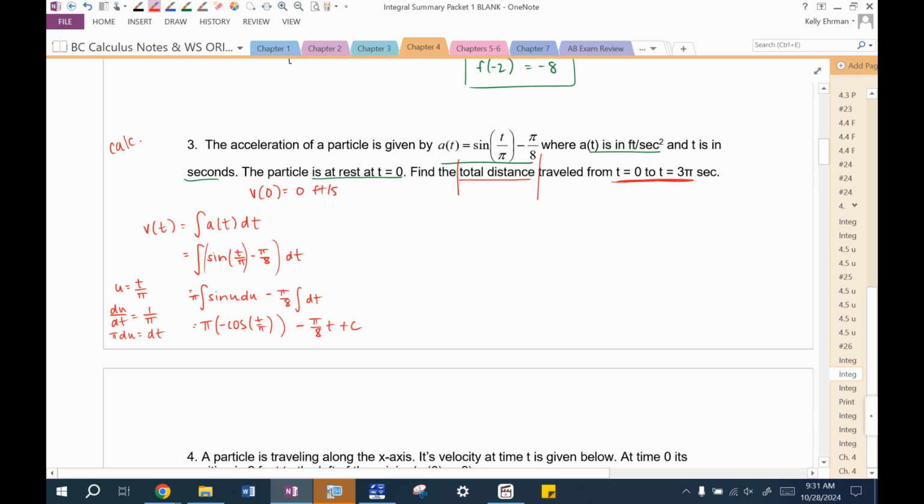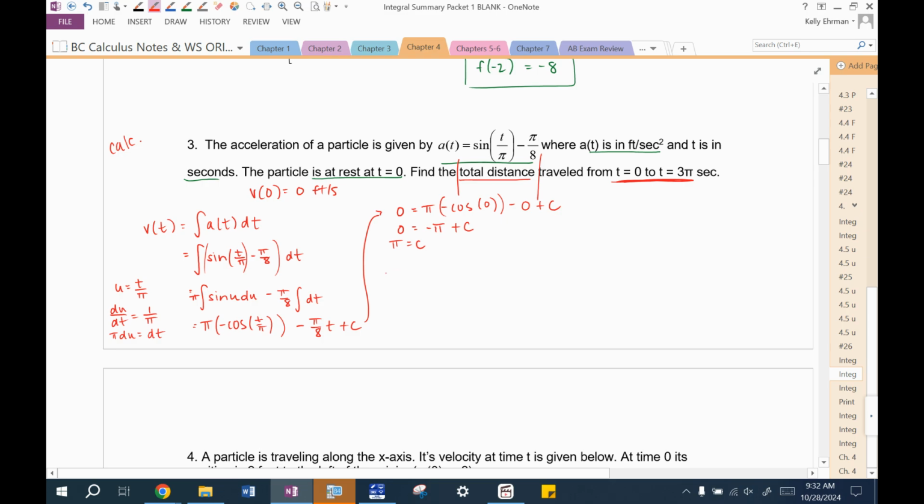Remember that at 0, we have a velocity of 0. So 0 is equal to pi times the negative cosine of 0 minus 0 plus c. Cosine of 0 is 1. So this is negative pi plus c equals 0. So c equals pi. All right.